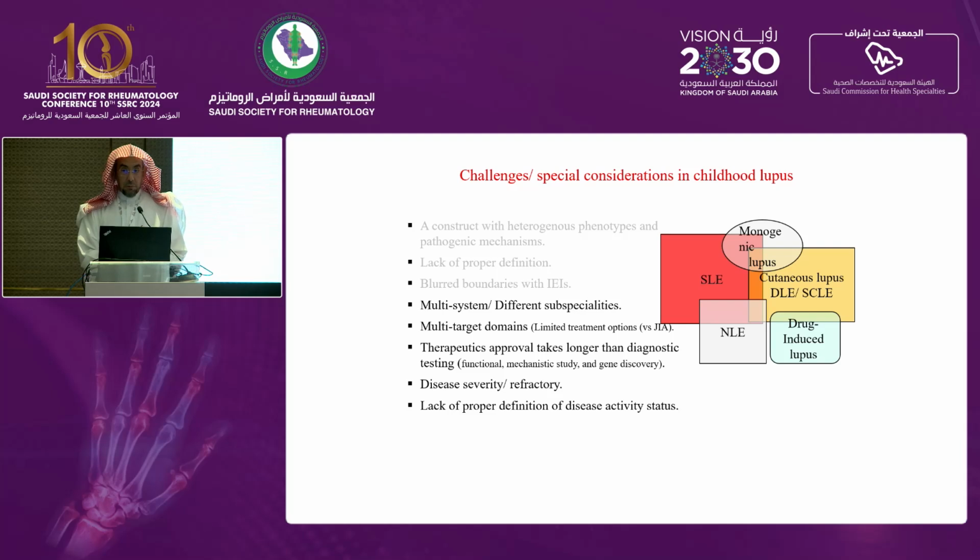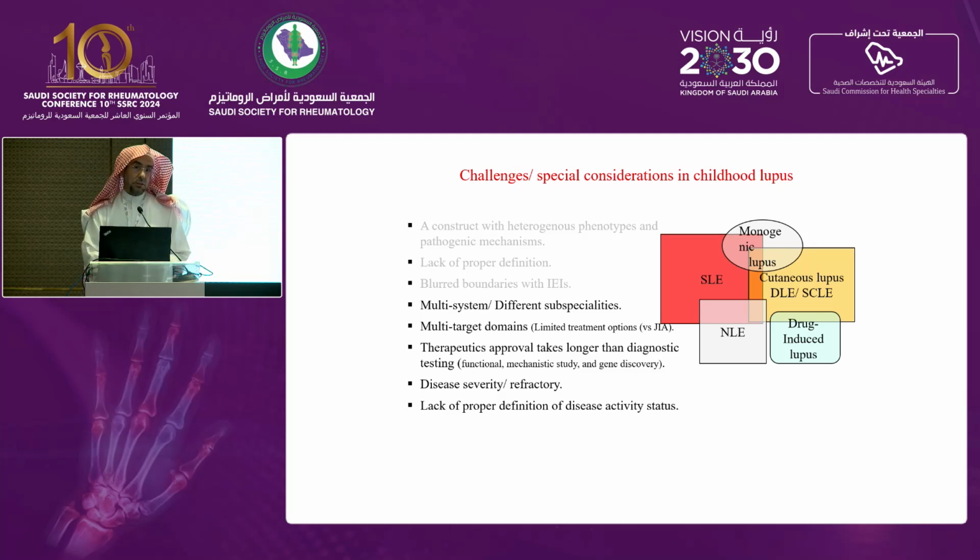We heard a lot about disease severity and the definition of remission, and even with low disease activity, they still try to dissect it and choose other terms: low disease activity, clinical remission, off treatment. So we have a poor definition of disease activity status, and it's difficult to apply in real practice.